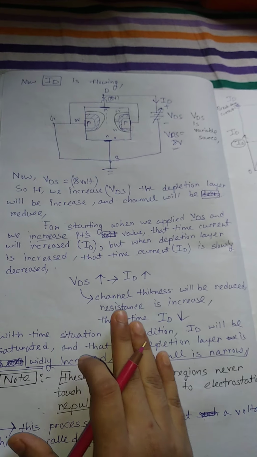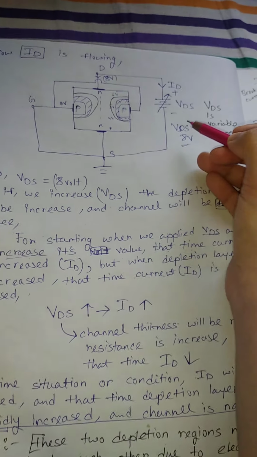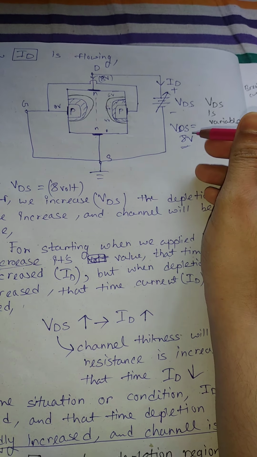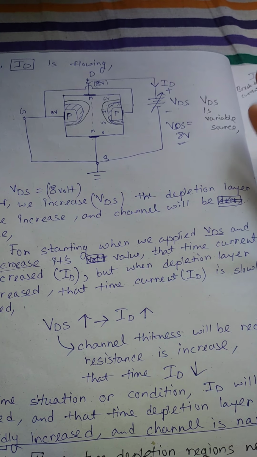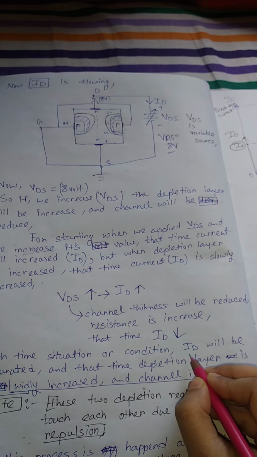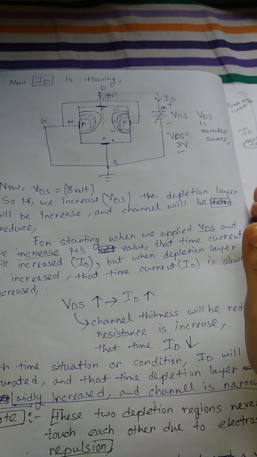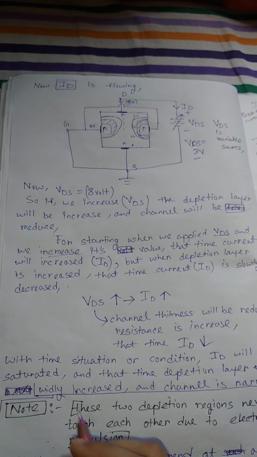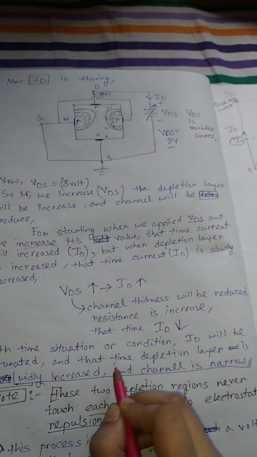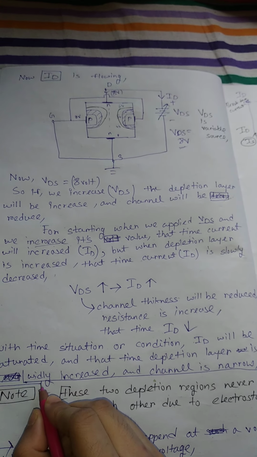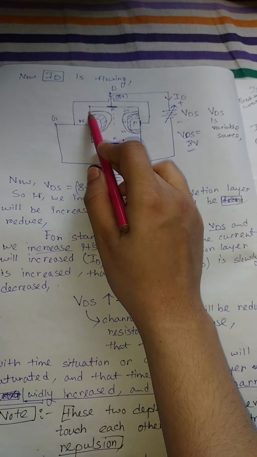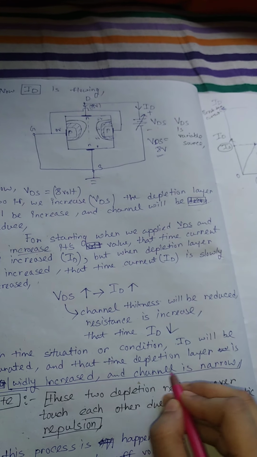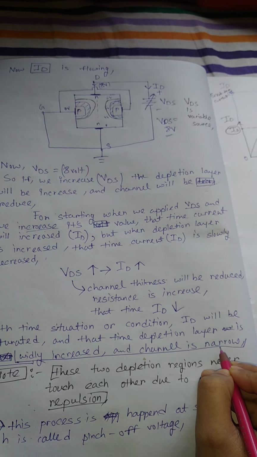Okay, so when we just increase VDS randomly, at that time ID will not decrease, it will be saturated, it will not decrease or increase. And at that time the depletion layer is heavily increased, and the channel is totally narrow.